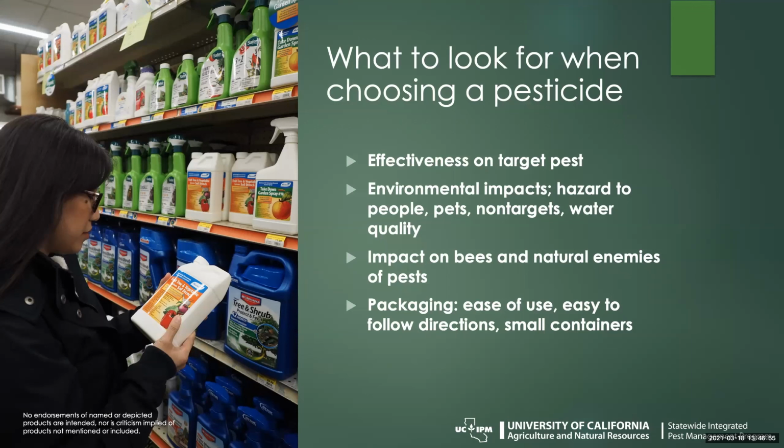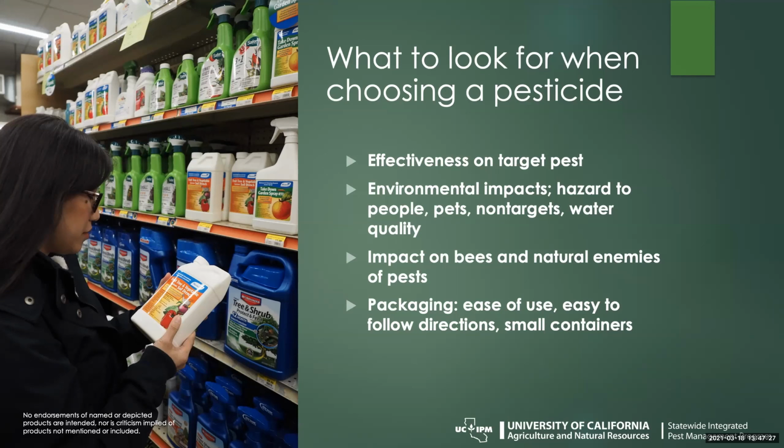And pay attention to the label and the environmental impacts: what hazards are there to people, to pets, to the beneficials, and what water quality concerns are there, which may or may not be listed on the label. What is the impact on bees? Honeybees can be negatively impacted by pesticides because they are insects as well. And so the bees and the parasites and these predators, what are the impacts of the pesticide on them?